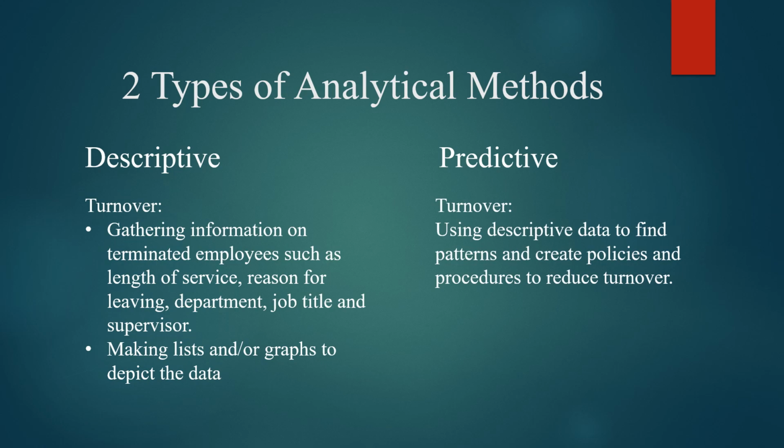Now, for predictive analytics, you would use that descriptive data to find patterns and create policies and procedures that would reduce turnover. For example, if you find that a common denominator is a particular supervisor with a lot of turnover in their area, you can do further research on that supervisor and maybe find that their training wasn't adequate or it was even non-existent, and they may need additional training on management skills to have them be a more effective manager and perhaps lessen turnover in their area.